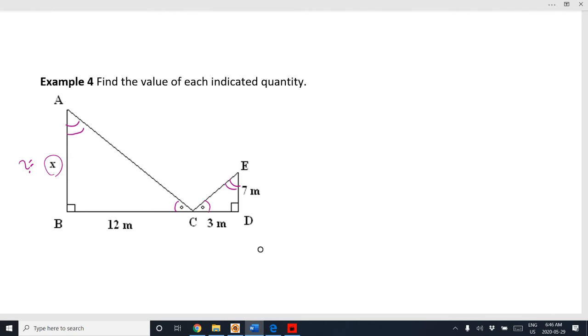We do know two sides that we could use to find our ratio. We know B to C is equal to 12, and we know C to D, the corresponding side on the smaller triangle here, is 3 centimeters.